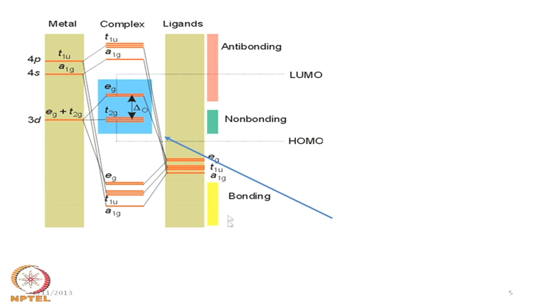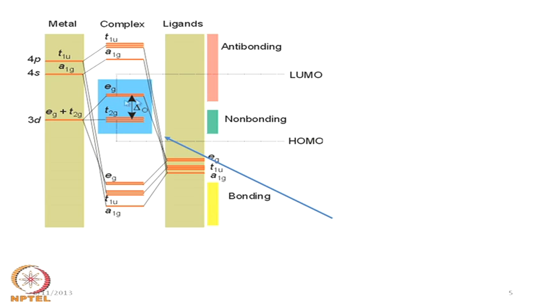So, this yellow shaded line for the bonding part of the molecular orbital diagram comes from these four orbitals from the ligand side. Then we have the available Eg symmetry from the d orbitals, that is dz square and dx square minus y square, and these two orbitals interact with the corresponding Eg symmetry orbitals from the ligand side, and they provide the Eg bonding level as well as the Eg antibonding level.